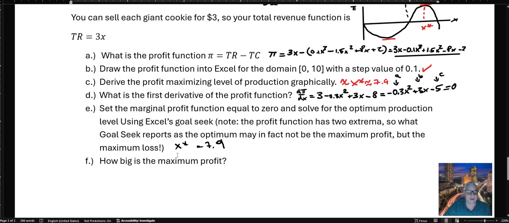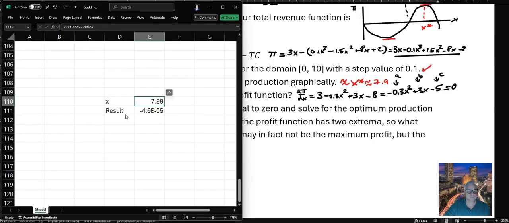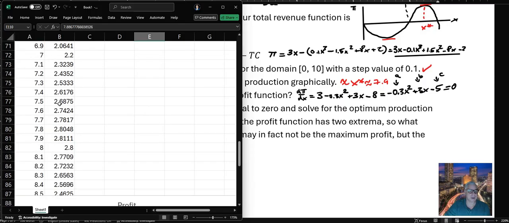And the final question, how big is the maximum profit? So we can look that up again. Now in our profit function, we just go to 7.9 and we see that the optimum profit is around 2.81.